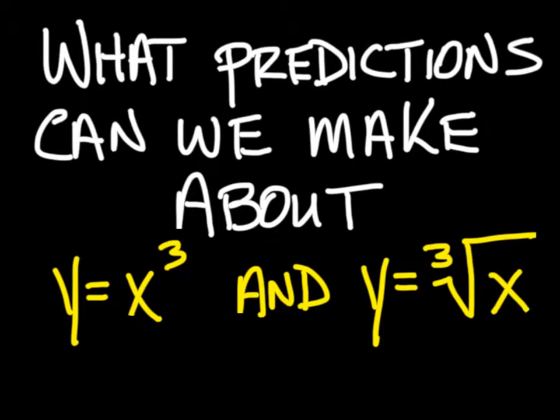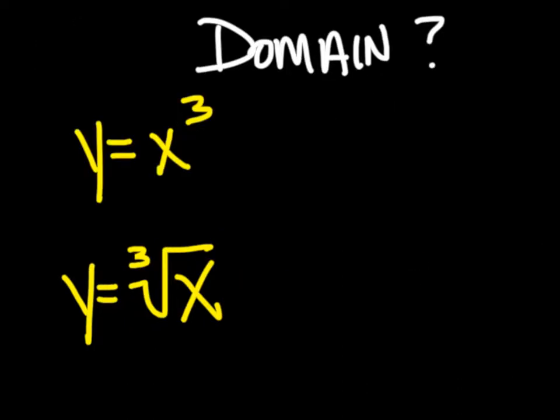So what predictions can we make about y equals x cubed and y equals the cube root of x? Is there anything we can figure out about those from what we've already done with the square? So the domain, would there be any restrictions on what we could put in for x cubed? Could they be any number?